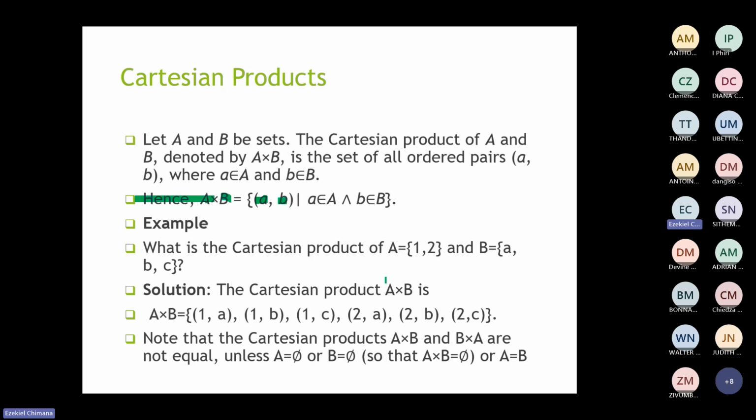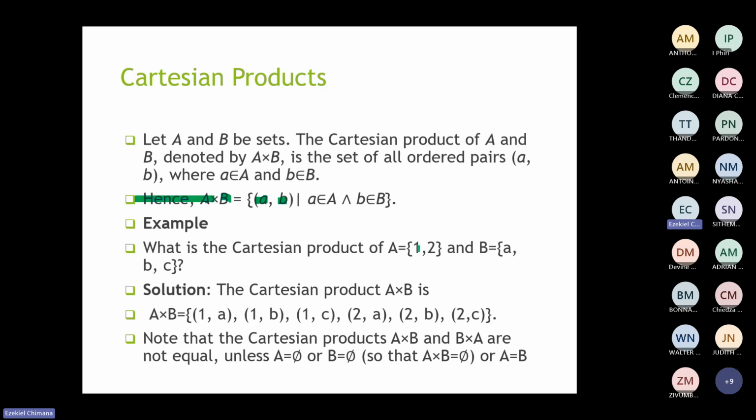To set B. So if you are given the set A with 1, 2, and set B with A, B, C, if you're asked to give a cross product of A, B, what you have to do is to match everything here with everything here, but you will not be multiplying.